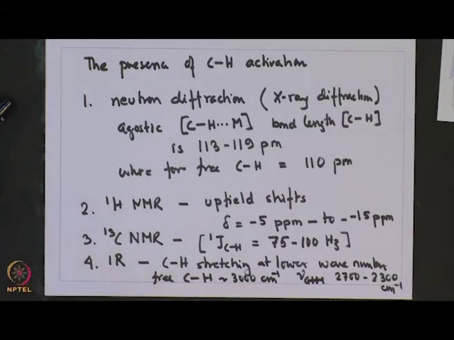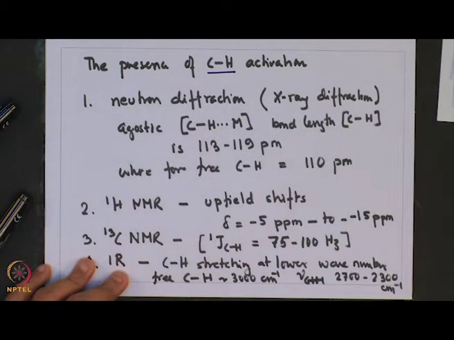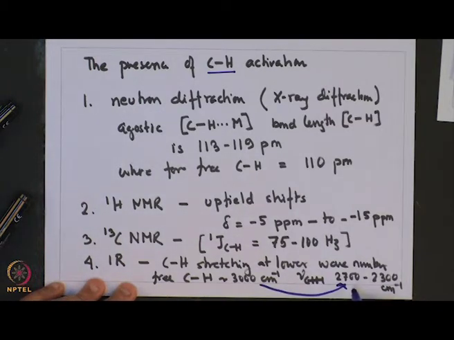So, the weakening of the CH interaction as a result of the agostic interaction can be reflected in IR CH stretching, where the free CH stretching that comes at higher energy of about 3000 gets reduced to 2700 to 2300 because of the presence of agostic interaction.